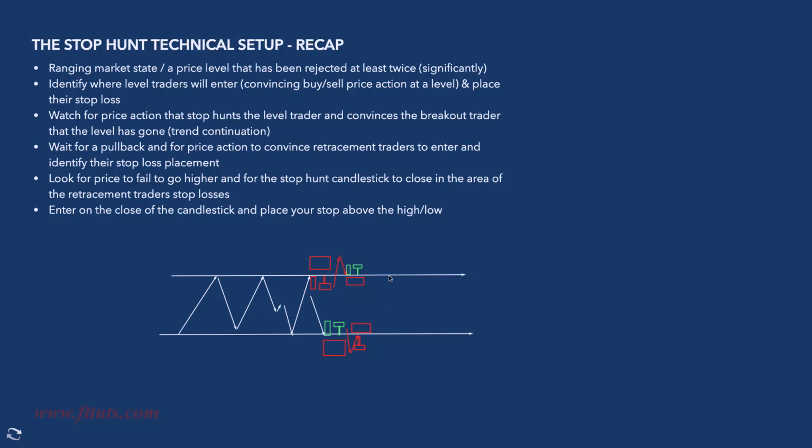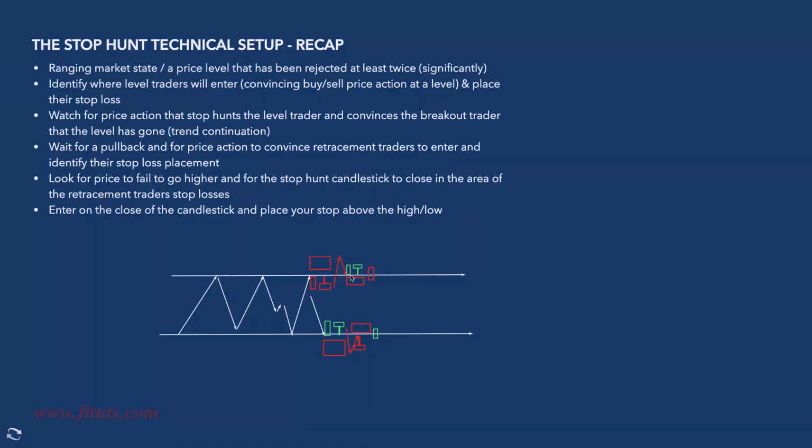And then we want to see failure in price to go higher, and for the stop hunt candlestick to close within the area where traders would be placing their stop losses, right? And it has to be above the retracement swing or below that retracement swing point.